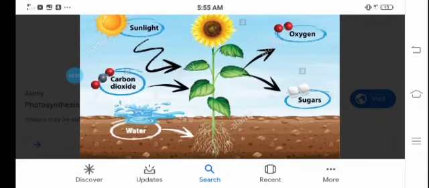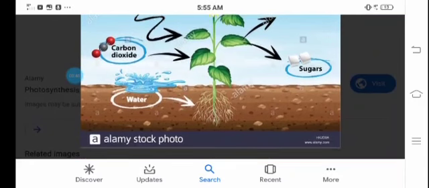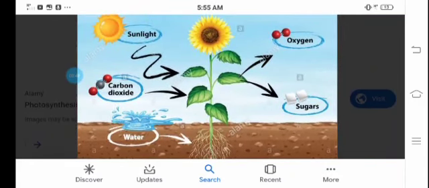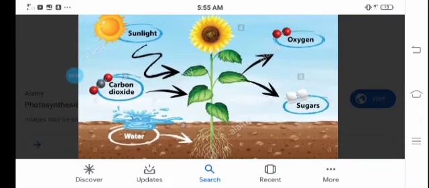The next component used is water. Water is absorbed by the roots and it will pass into the leaf. So, the leaf can do the process of photosynthesis.